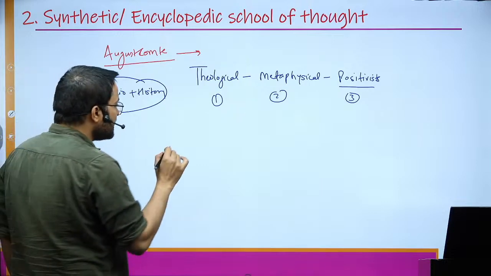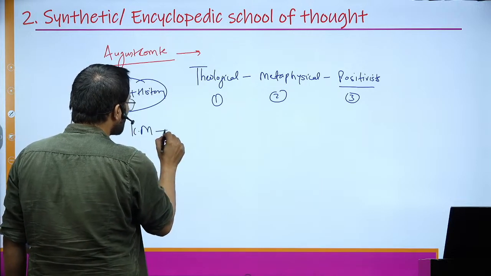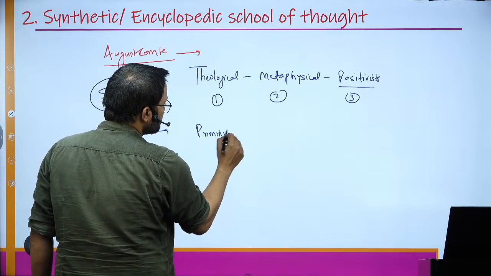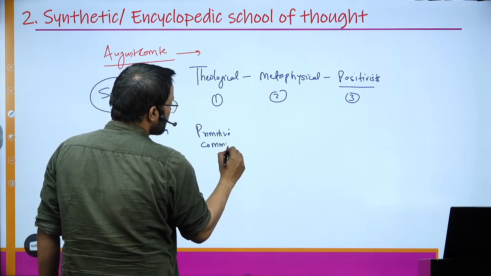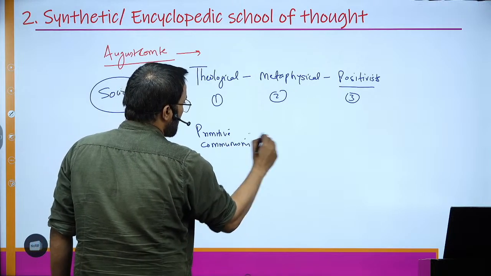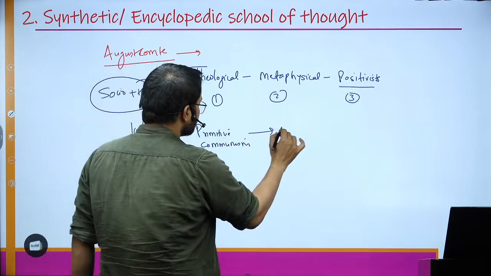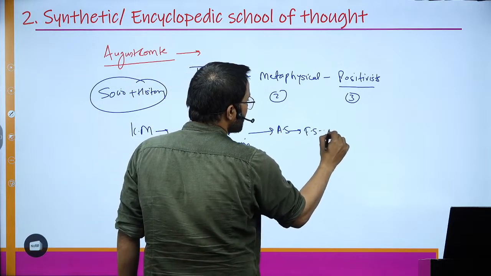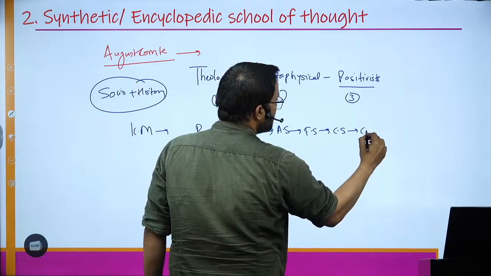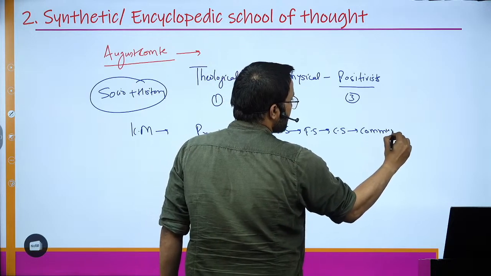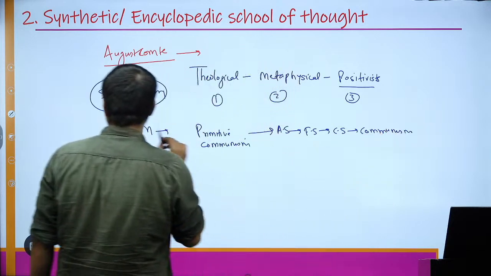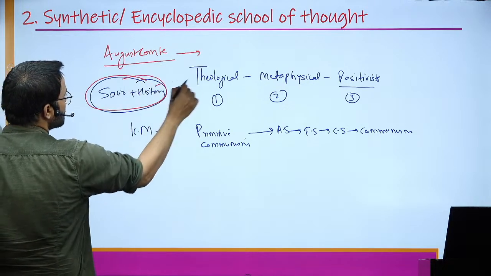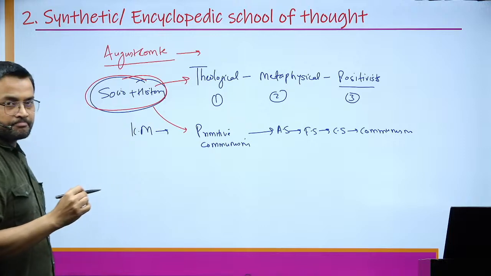Similarly, Karl Marx, while talking about the evolution of society from primitive communism to ancient society to feudal society to capitalist society to communism, again shows a culmination or synthesis between sociology and history.